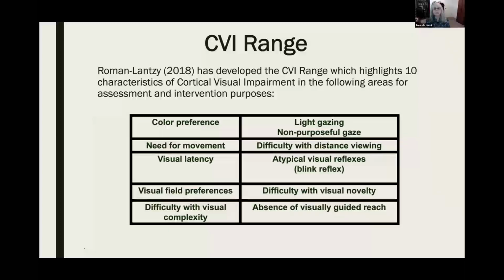And it has 10 areas that they've identified: color preference, need for movement, visual latency, visual field preferences, difficulty with visual complexity, light gazing and non-purposeful gaze, difficulty with distance viewing, atypical visual reflexes and the blink reflex, difficulty with visual novelty, and absence of visually guided reach. And so these are the 10 characteristics that are part of the CVI Range.